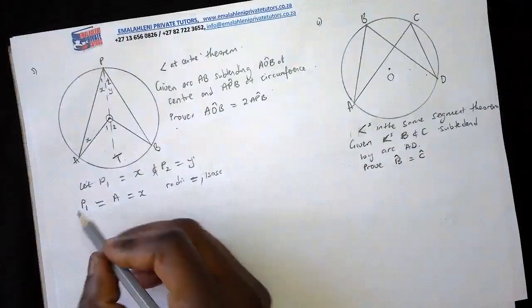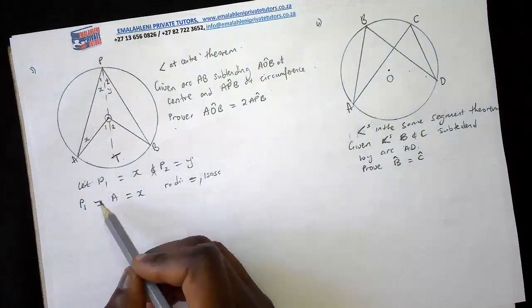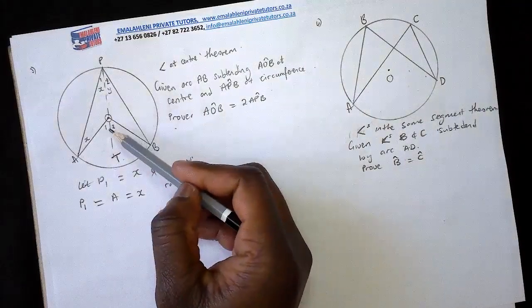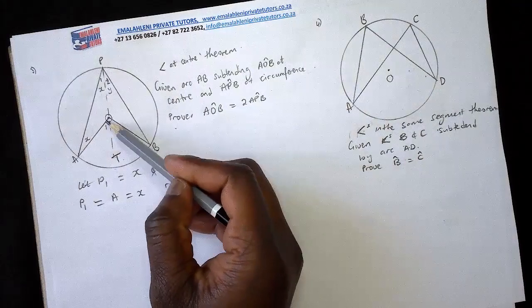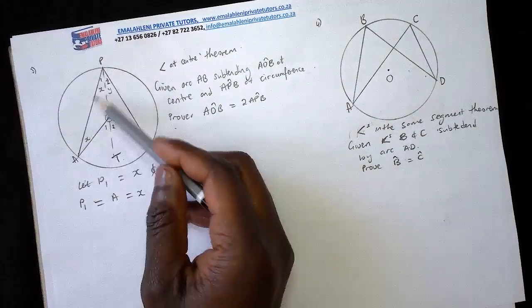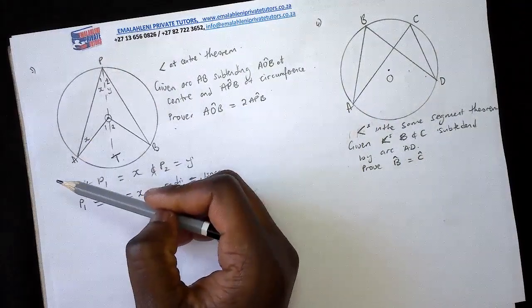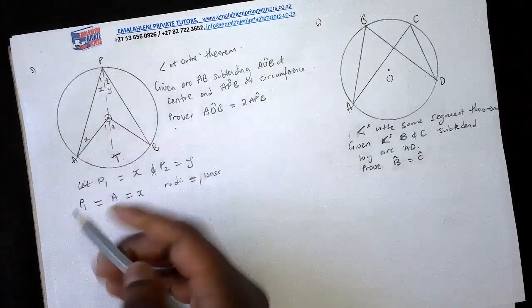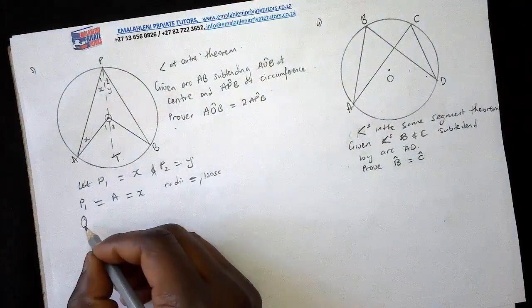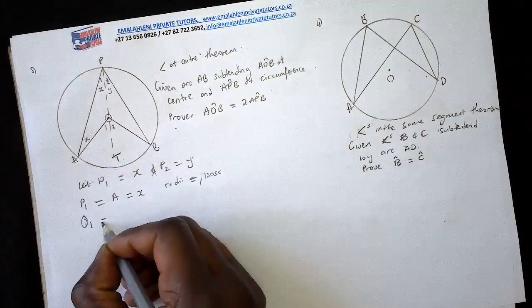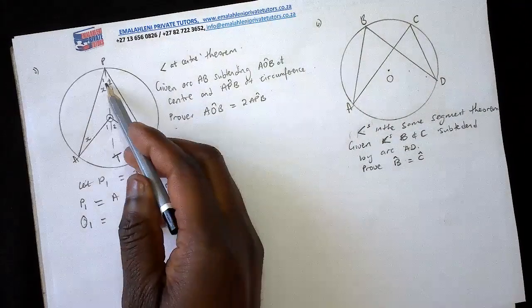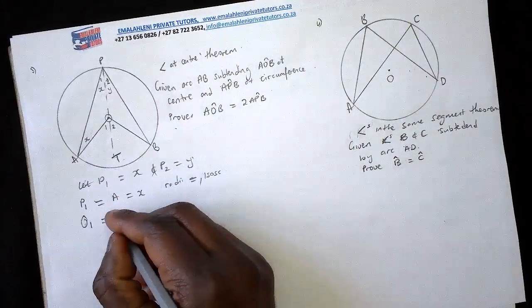Now, what we know is that O1 is equal to the sum of these two. Remember, exterior angle is equal to the sum of opposite interior angles. So O1 is equal to the sum of these two, which is x plus x, which is 2x.